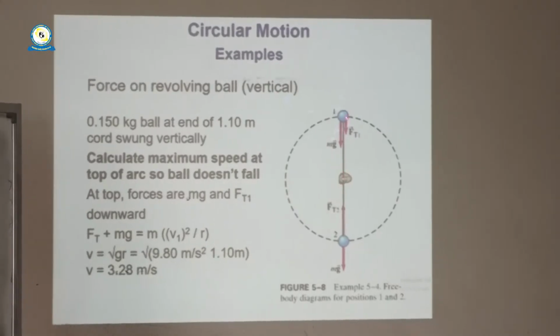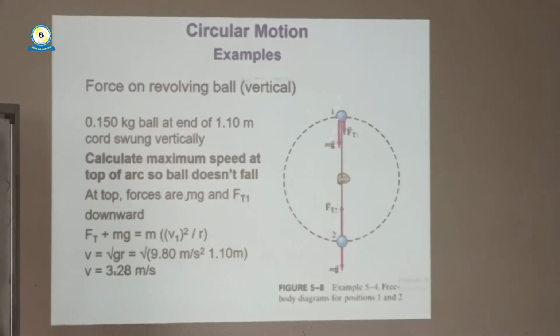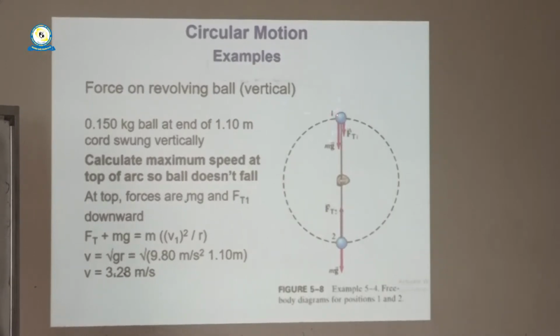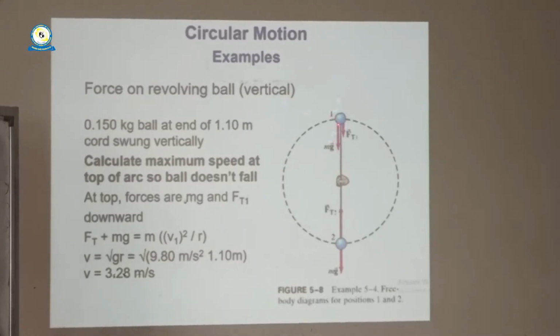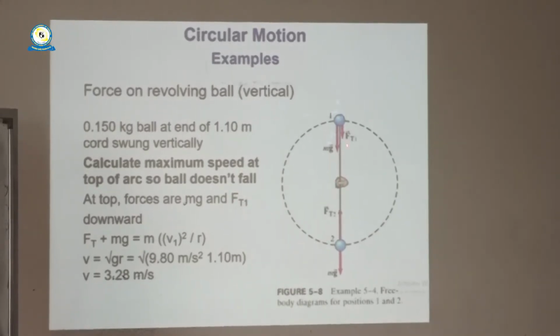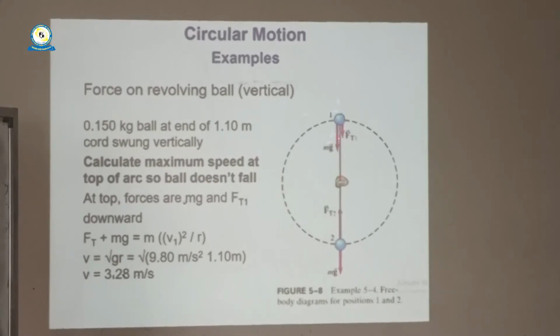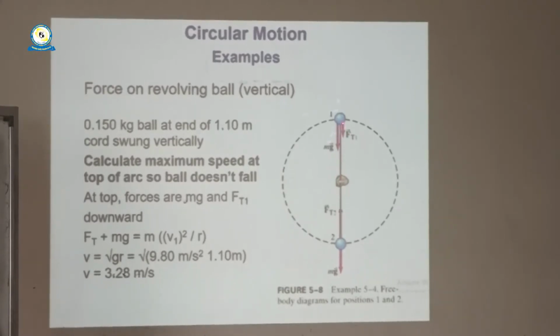This can be a ball, sometimes a bucket of water. So in this case 2, while in case 1 tension was up, here Ft is down because this is a string. So Ft down and mg down also. And acceleration also down.